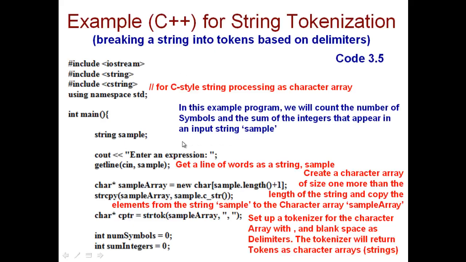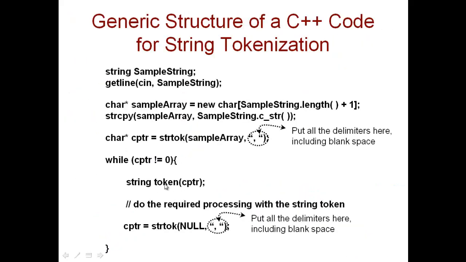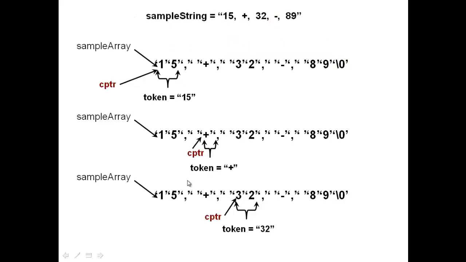So that means the moment you say you want to create basically a string and give some name, you could give any name here, I just give it as token, and put the CPTR as the argument for the string constructor, that portion of the string will be extracted starting from the character 1 until you see the delimiter.